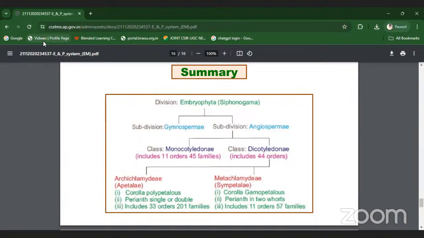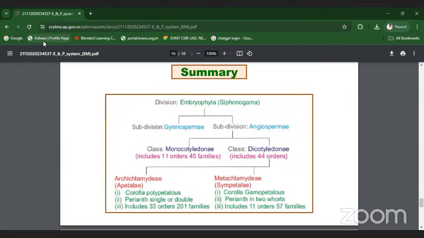And embryo and endosperm. After fertilization, embryo and endosperm both are formed. That is called double fertilization. Let's discuss endosperm. Endosperm also has three types based on the species: nuclear type, cellular type, and helobial type.